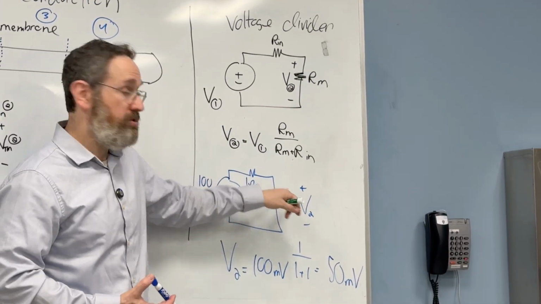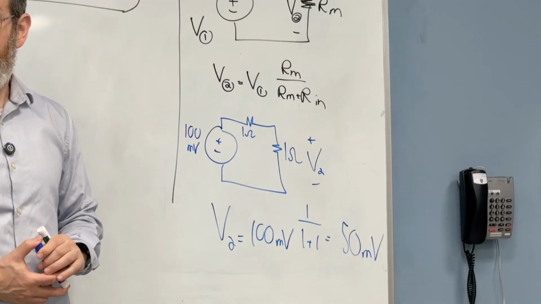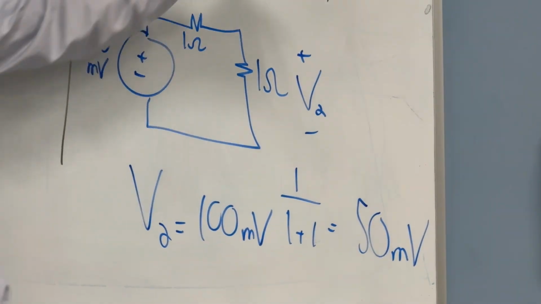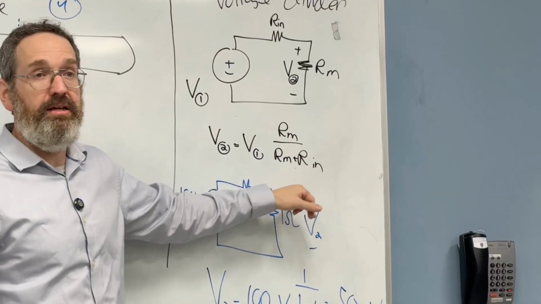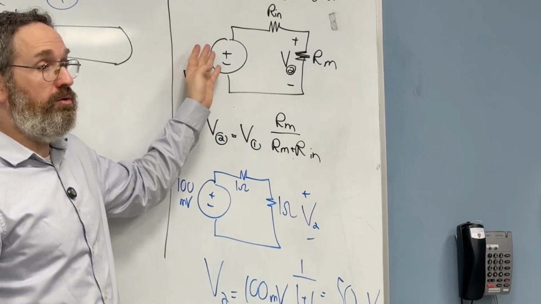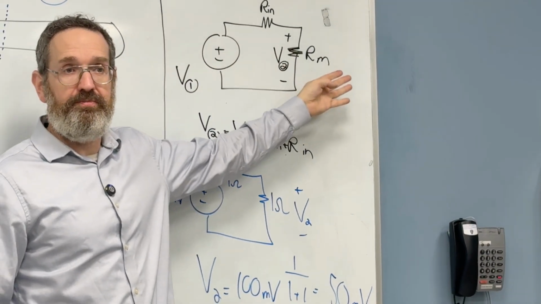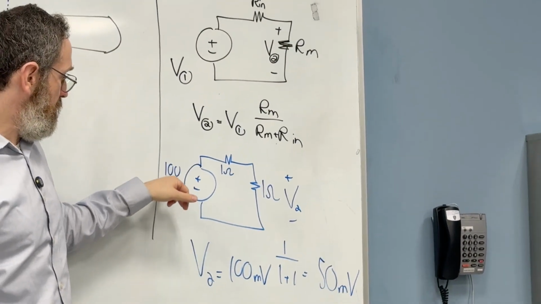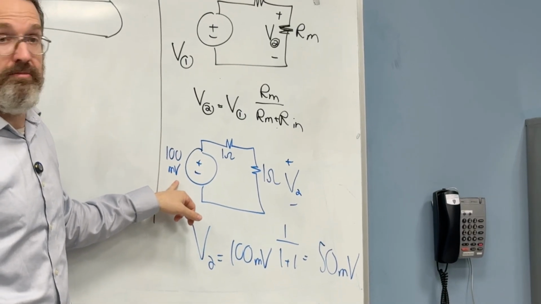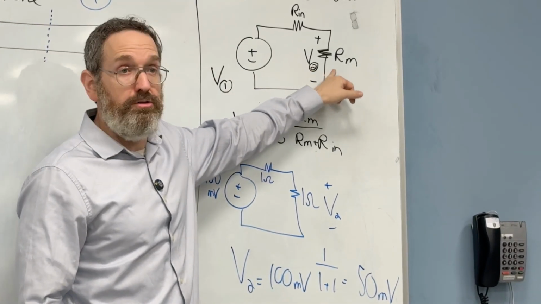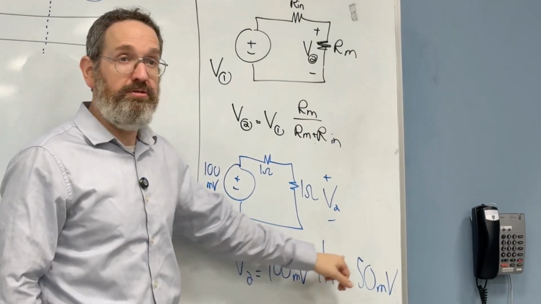Now, it depends, of course, on the resistors. What is true, though, is that this has to be smaller than that. There's no numbers I can put in here that doesn't result in some level of loss. Now, if this voltage suddenly goes from 100 millivolts to 0, then this voltage will also drop to 0, because then I would get 0 times that.